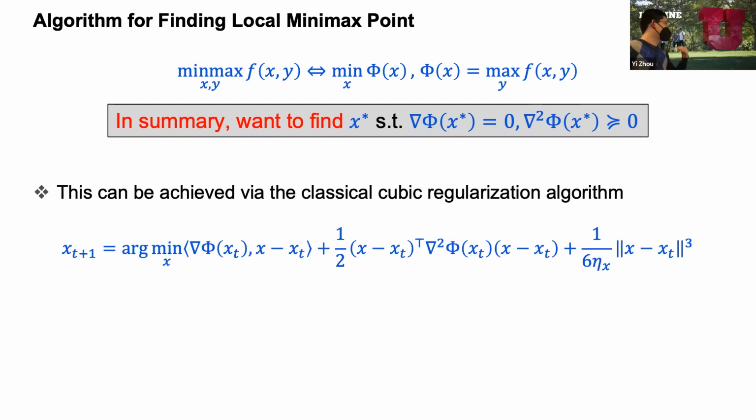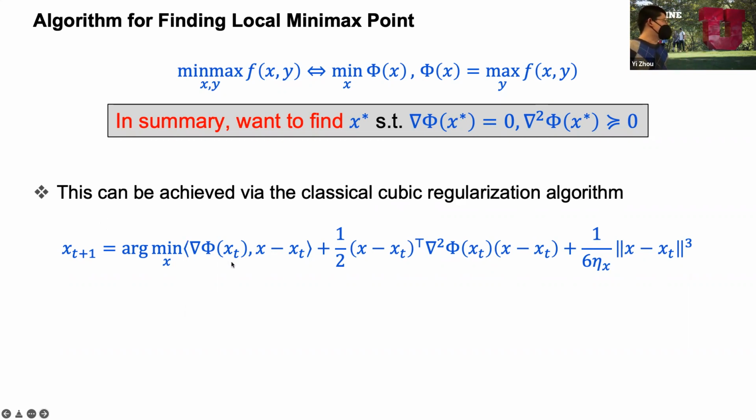And we have a classical, well-known algorithm for finding such second order stationary points, and that is the cubic regularization algorithm, which is written below. In order to find a point that satisfies these two conditions, this cubic regularization update is proven to converge to those second order stationary points.